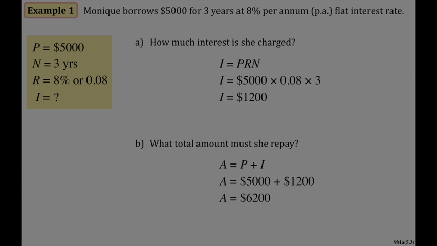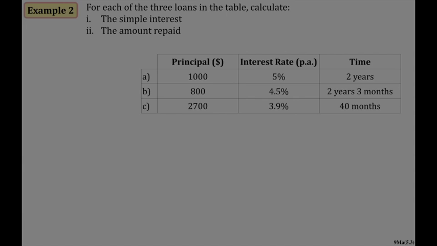Let's go to example 2. For each of the 3 loans in the table, we need to find the simple interest and the amount repaid. So let's deal with row A first. What's the simple interest if you borrow $1,000? Oops, sorry, loans.